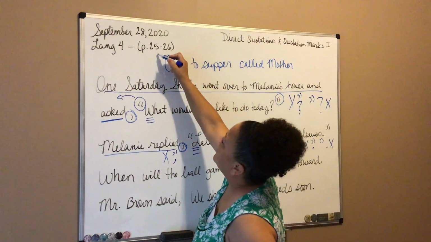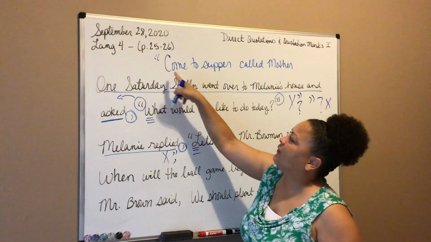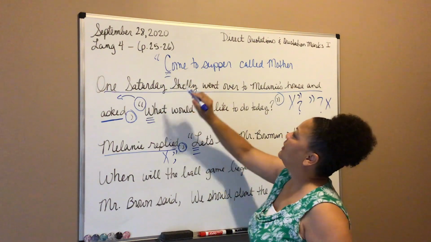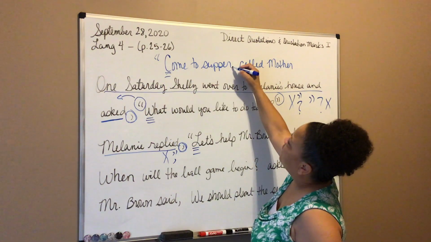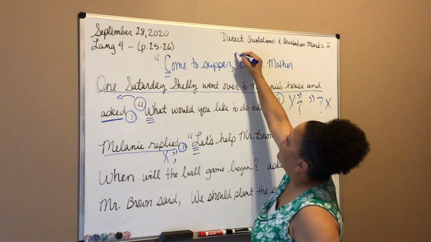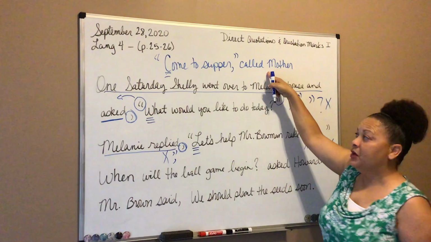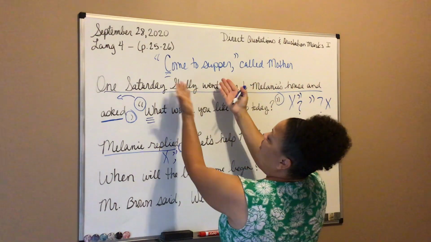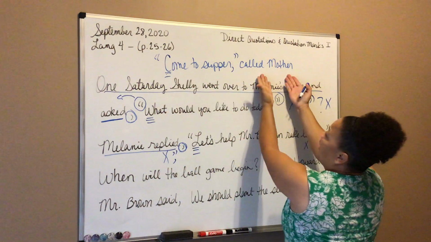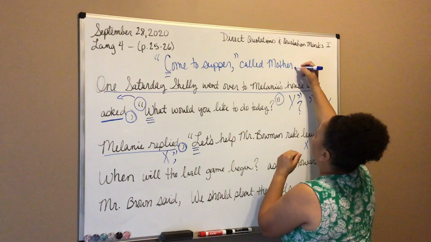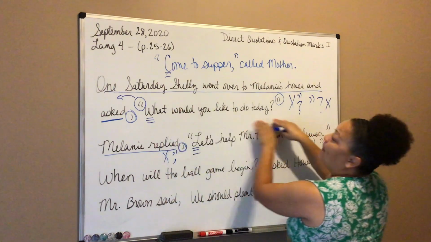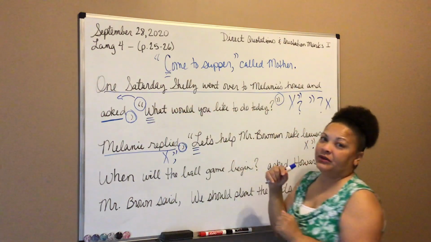Notice that what she said is in direct quotations. The first word is capitalized. And here, instead of a period, there's a comma because it's followed by who said it. So this is the difference between one in the front of the quotation and then one in the back of the introduction. Okay?